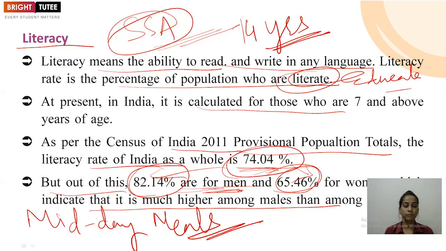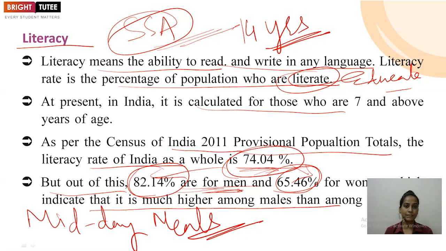From the local level, where people get to know about the importance of education, not only for a male child but also for a girl child, so that they can be independent in future. So all these things are there.